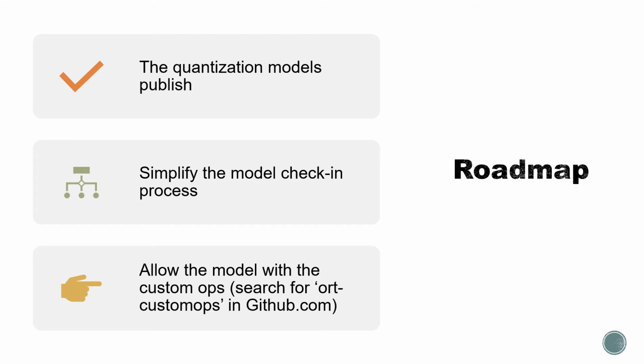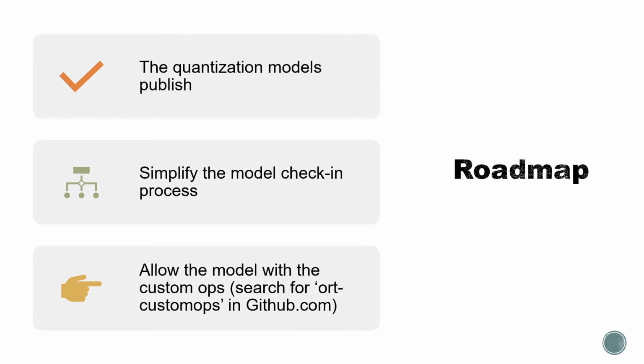The third one is that we will allow models with a custom op. A custom op is actually a very interesting feature for ONNX models, because some people, when they are prototyping some new idea or converting some very state of the art model, find that in ONNX this op hasn't been implemented or proposed, so they can use a custom op to implement their ideas.